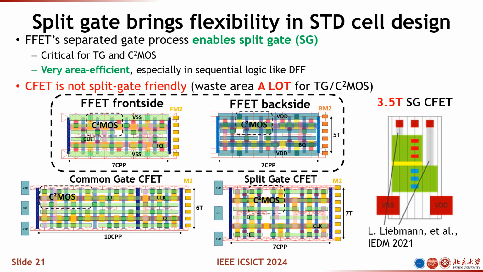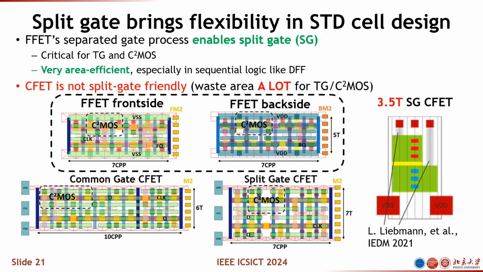The other thing is people are thinking about whether we can really do split gate for CFET. Actually, you can do that, but the process is very complicated and you would need to waste area for this. You can have a 3.5T split gate CFET, and by doing this, the cell height is much larger.